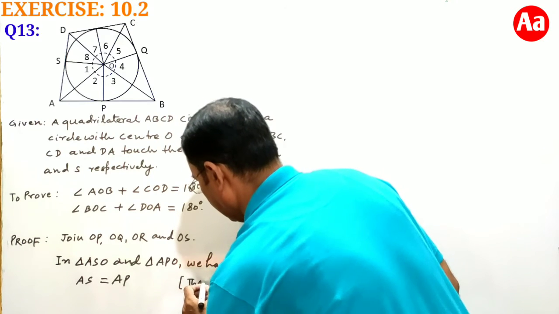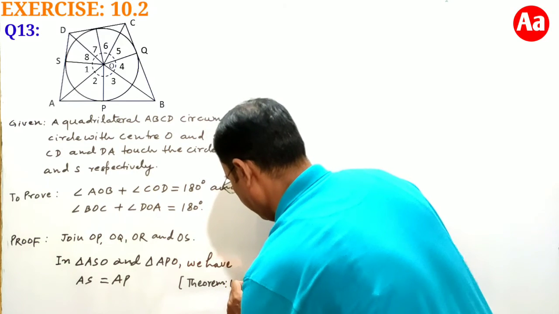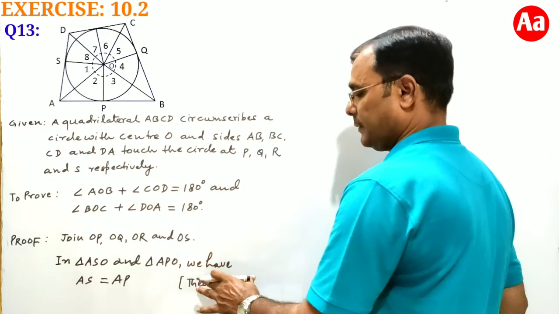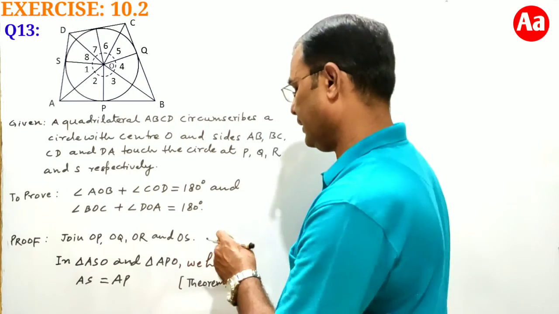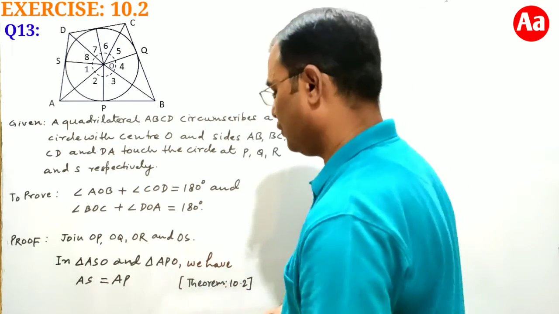In brief, we can write down reason theorem 10.2. Otherwise, you write the full sentence that lengths of tangents drawn from an external point to a circle are equal.